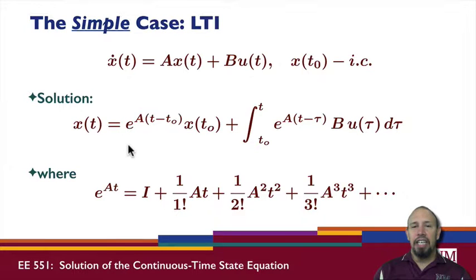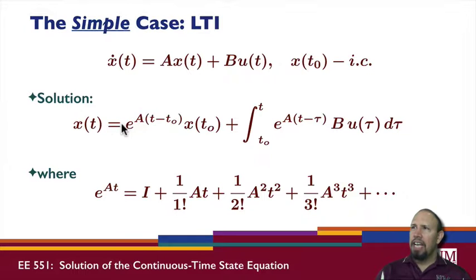As in the discrete time problem, we had the natural response, that is the response to the initial condition, and then we had the forced response. This is the response due to the input. We see also here that the response due to the input is a convolution. In this case, it's a continuous time convolution integral.